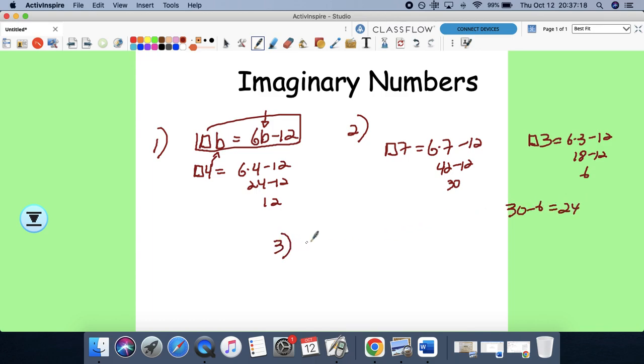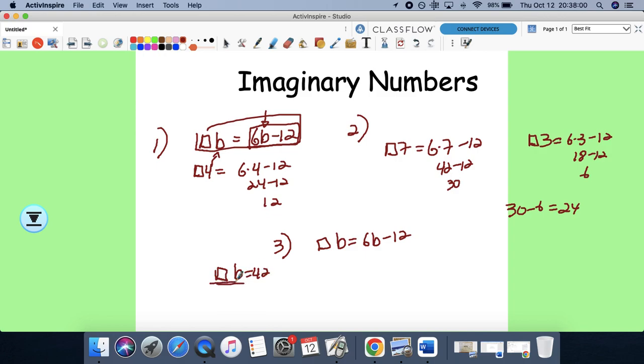For number 3, what happens when this thing is 42? In number 3, they tell us that this is equal to 42, so it's a little bit trickier. If you go back, they're saying 6b minus 12, but they're telling us this is worth 42.